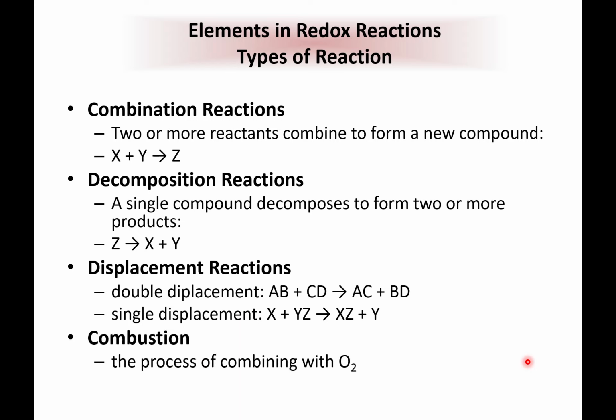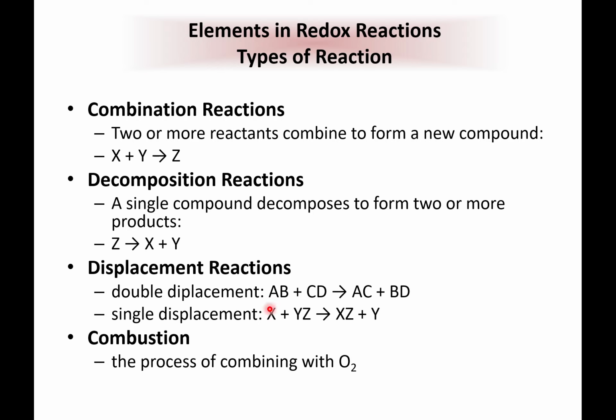Okay, and then finally, I think this is one of the easier ones, combustion. Okay, so combustion is when you're combining something with oxygen, burning something with oxygen, right? So if you burn a fuel in your gas tank in the car, that hydrocarbon is combining with oxygen and you're forming CO2 and water.